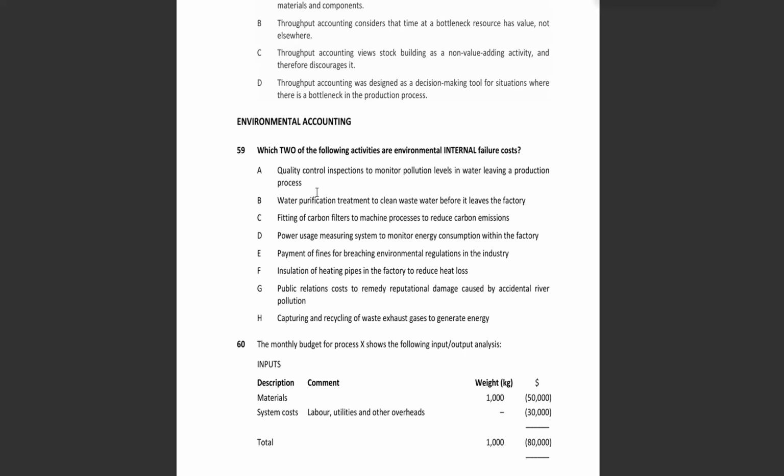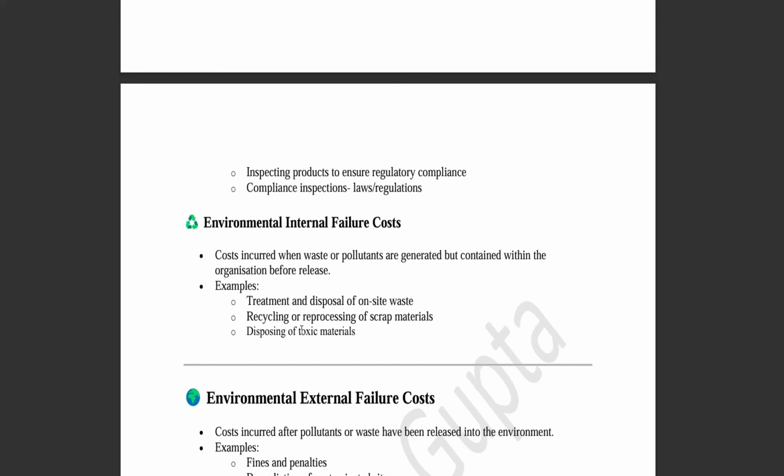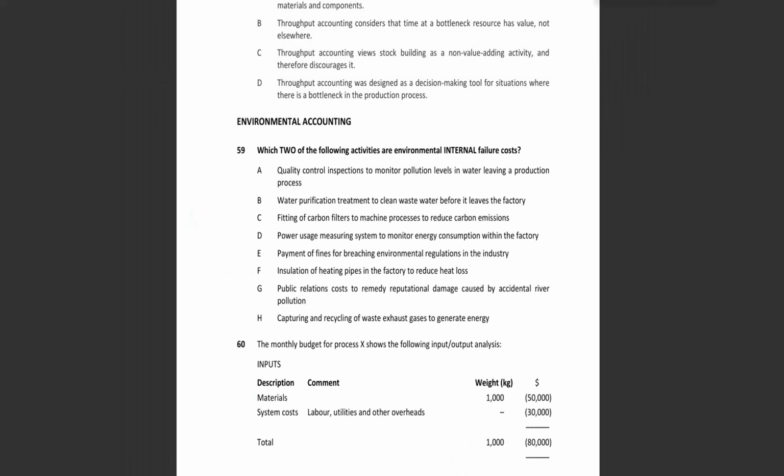To get the full mark, we need to pick two and both should be correct. Okay, so what we learned about internal failure cost is that these are costs incurred by the organization before wastage or pollution has been released to the environment. So we need to figure out those costs from these 8 options.